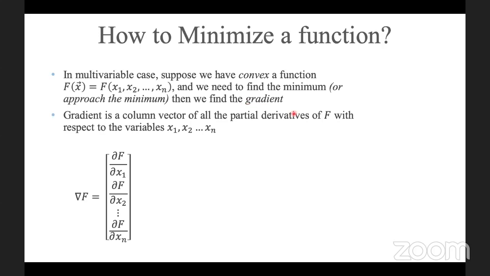Most of you will be familiar with this, but let's revise and go through all of it. What is the gradient? I have a function f, and I define the gradient as the column vector del f by del x1, del f by del x2, till del f by del xn. These are the partial derivatives of f with respect to x1, x2, up to xn, and that is nabla f.